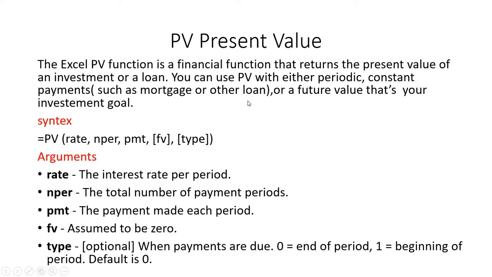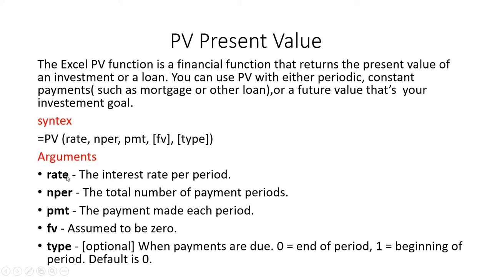The investment during that time period could be paid either periodically or as a constant. The syntax of this function is like this: equal sign, present value, open bracket, rate, NPR, PMT, and between 2 brackets future value, and type between 2 brackets.